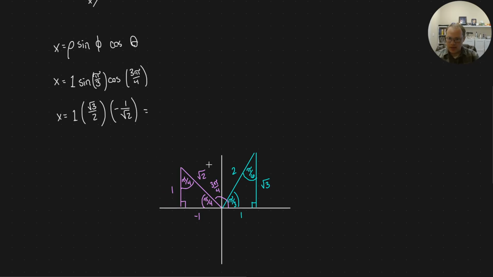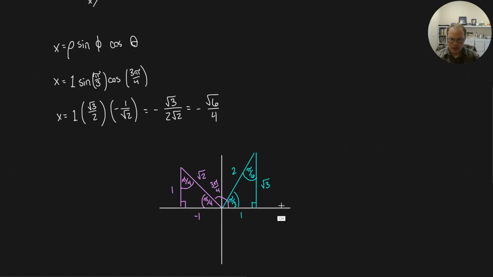And so the x, I find very quickly, is multiplied all together, negative root 3 over 2 root 2. Okay? Or if you'd like to rationalize the denominator, multiply top and bottom by root 2, I get negative root 6 over 4. Okay? Either one of these would be acceptable.